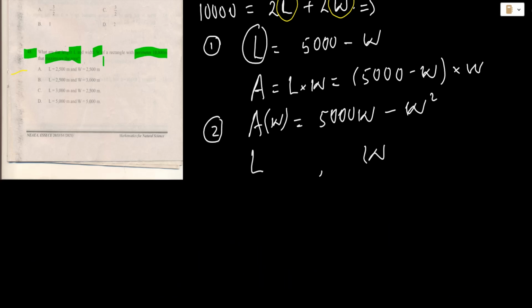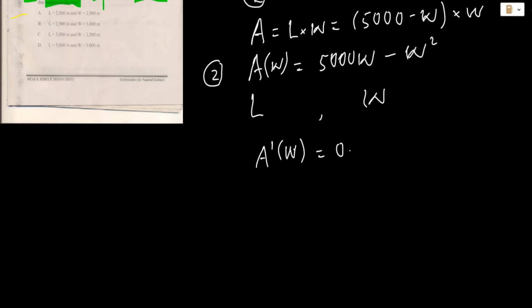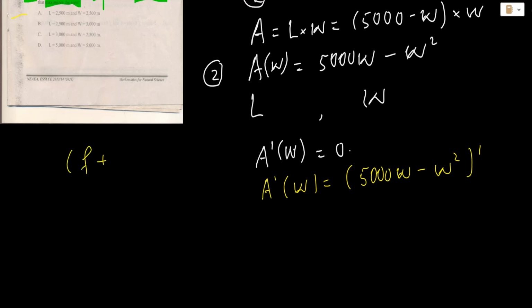So what are the critical numbers? The critical numbers are obtained when the first derivative of the area function in terms of W equals 0. We find the first derivative of the area function: A'(W) equals the derivative of 5,000W minus W squared. For the sum or difference of two functions f and g, we can write the separate derivatives and add or subtract them.